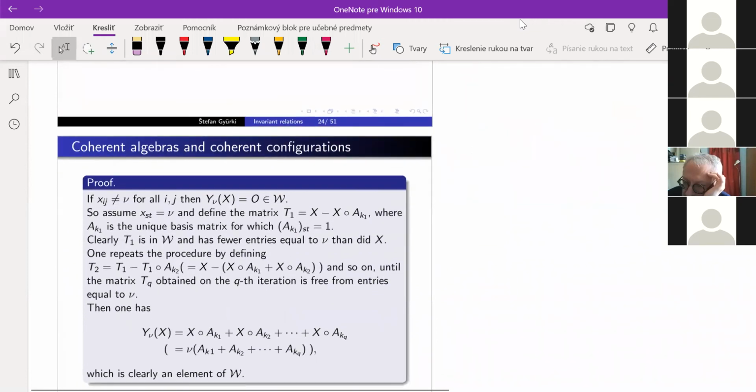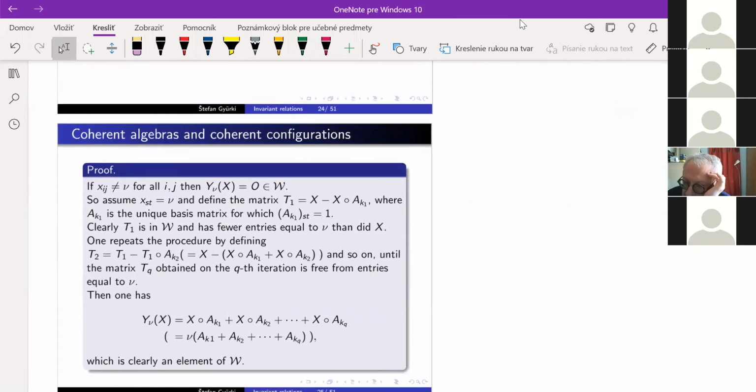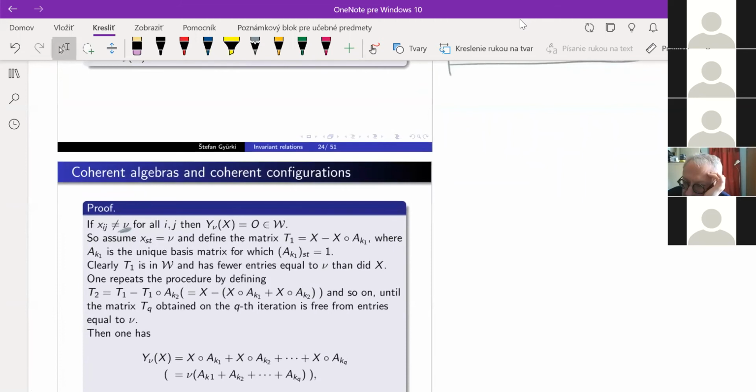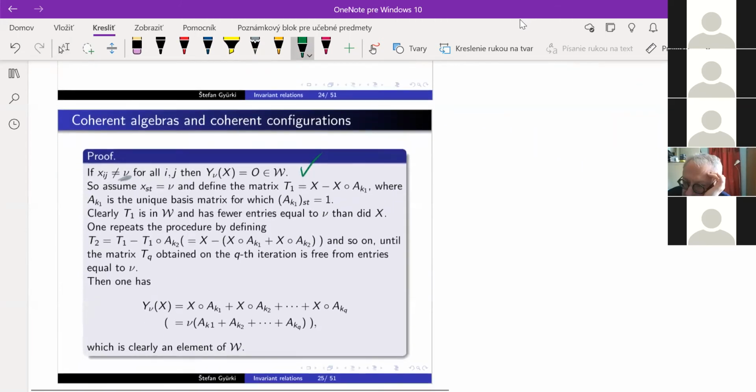So one way to see this is just to take the matrix and choose a value. If there is no such value in your matrix X, then of course the cross-section will be the 0 matrix, and this belongs to the coherent algebra.